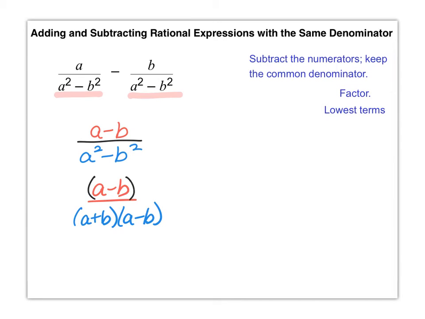The numerator has a factor of a minus b, and the denominator has that common factor. So these we can divide out. Our answer must have a numerator, so we are going to write that numerator of 1. And the denominator, the remaining factor, is a plus b. So our final answer is written as 1 over a plus b.